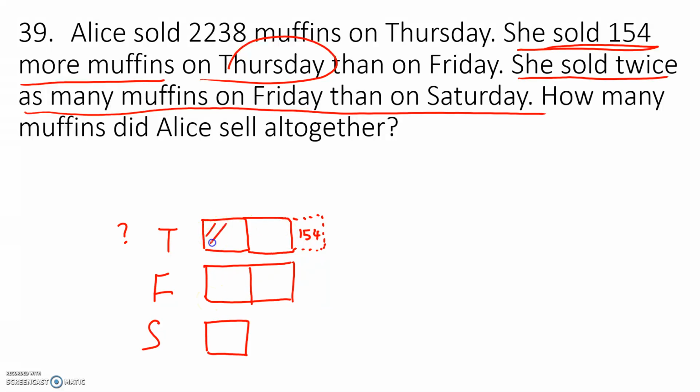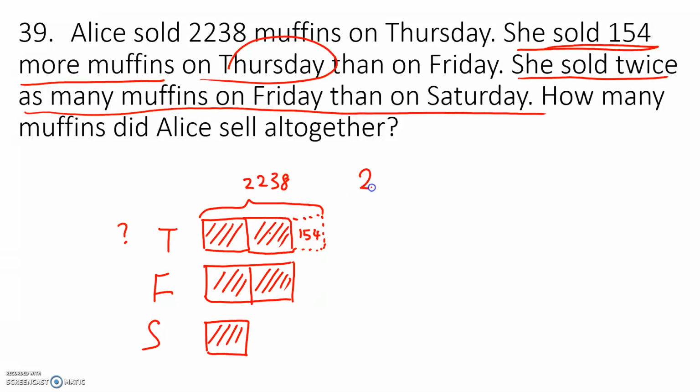So this is a proper unit, this is a proper unit, this is a proper unit, 1 unit as well, this is 1 unit. Okay, and they said Alice sold 2,238 muffins on Thursday. Looking at Thursday, it's made out of 2 units and this extra part, which is 154.